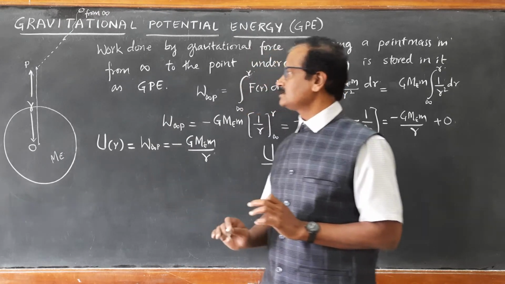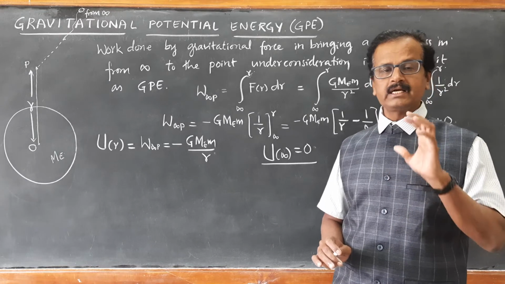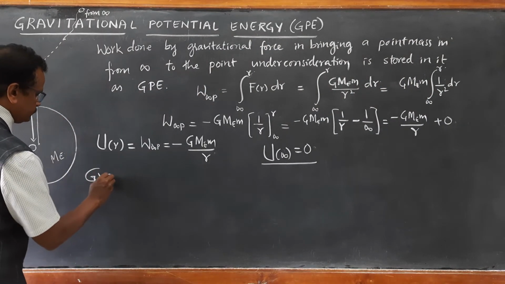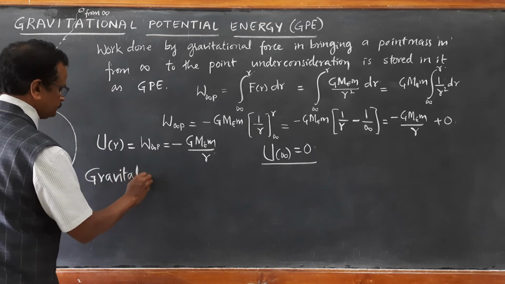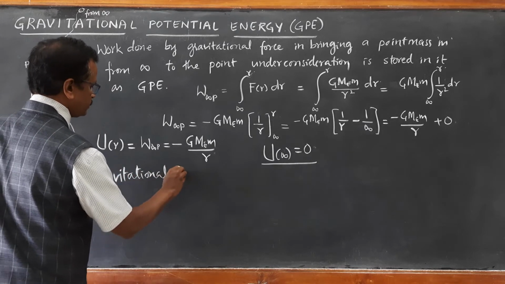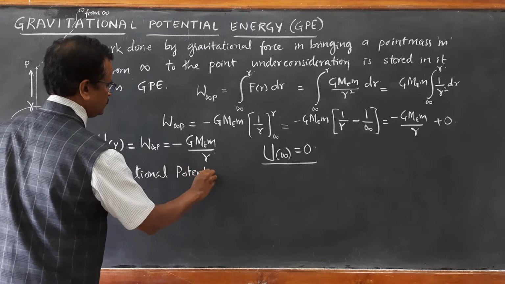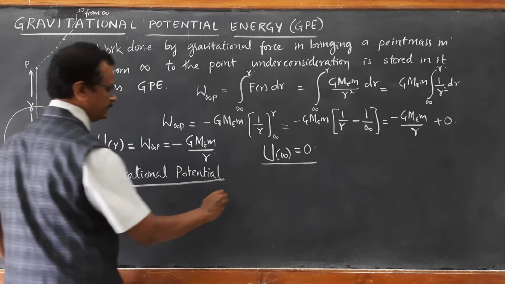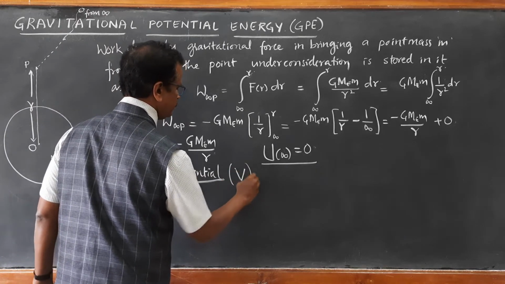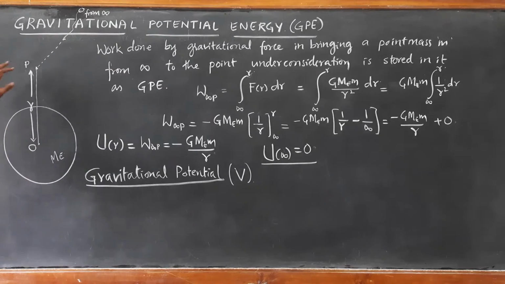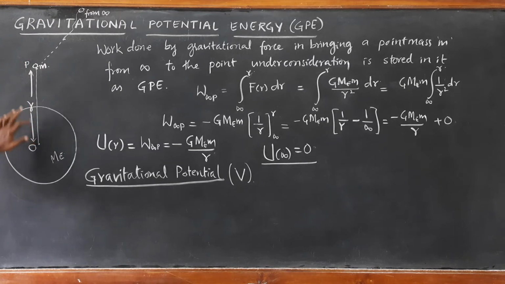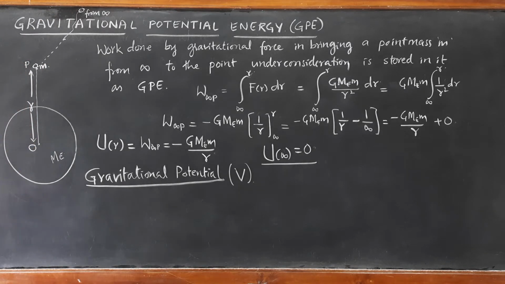With this knowledge, now we will define what is gravitational potential. Gravitational potential at any position r is denoted by V. Here we have considered point mass m, which is being brought from infinity to a point at distance r from the center of the earth.